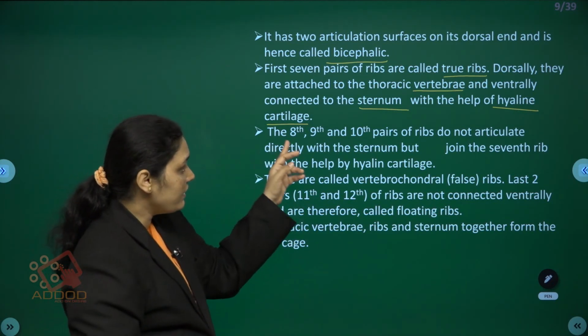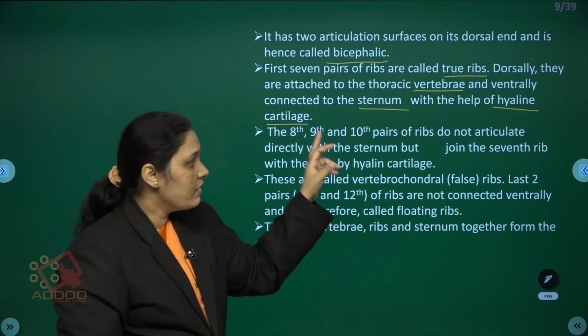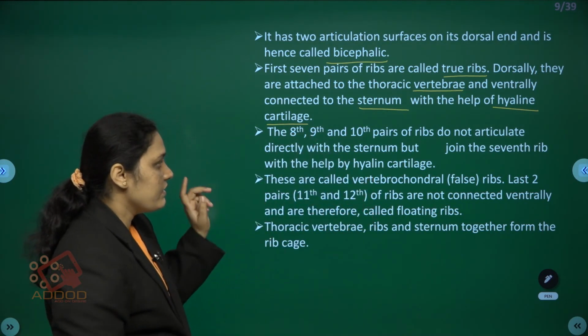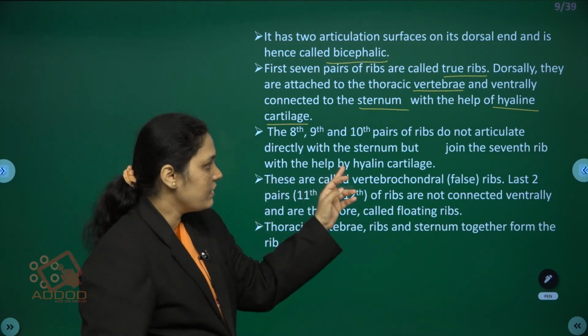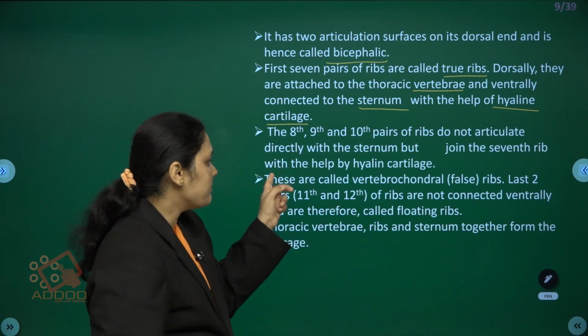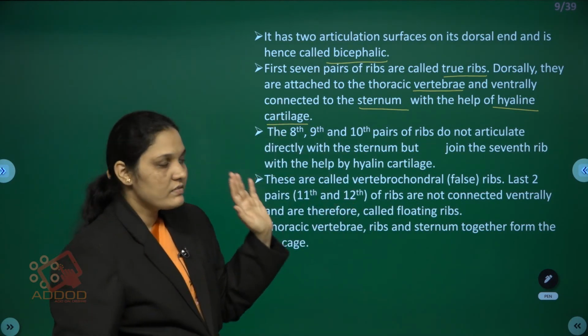Now the 8th, 9th and 10th pairs of ribs do not articulate directly with the sternum. They are not directly attached to the sternum, but join the 7th rib with the help of hyaline cartilage. They are joined directly to the 7th rib.